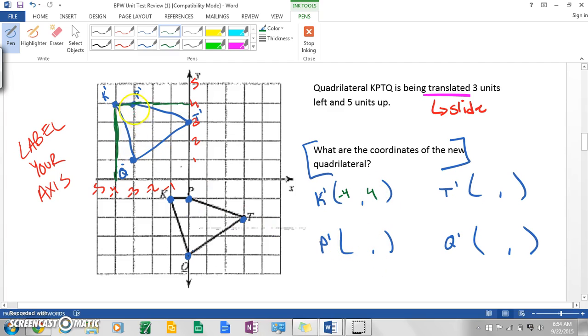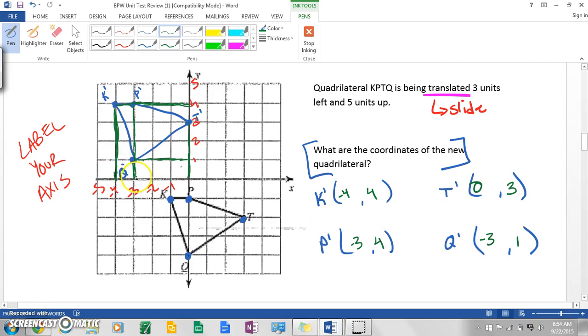P prime is -3, 4. T prime is, let's see here, 0, 3. Q prime is down here at -3, 1.